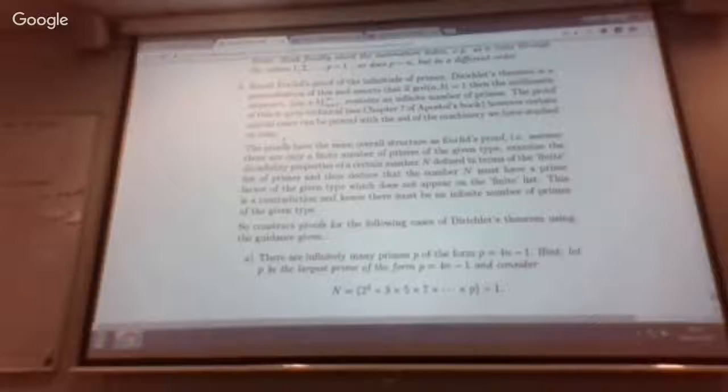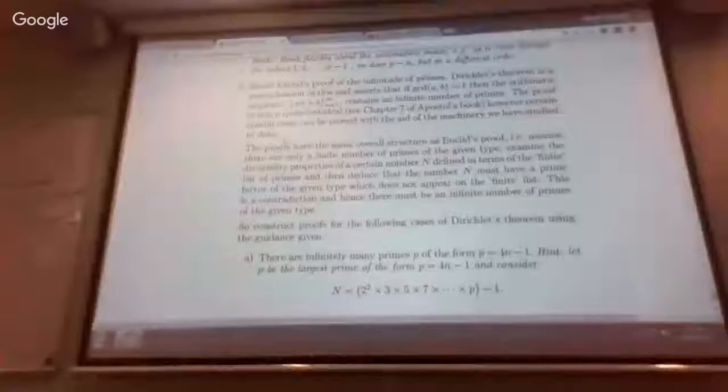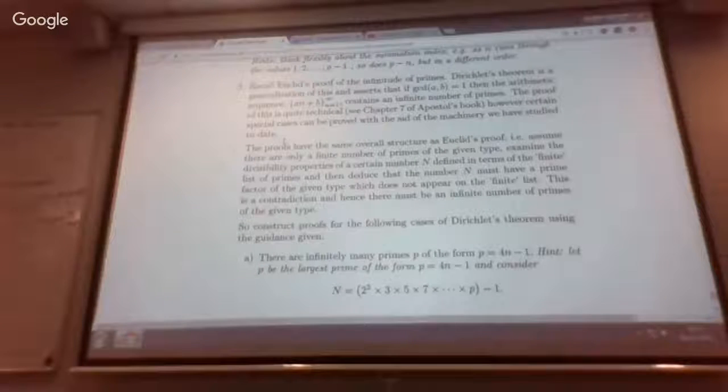Everybody has to know it. If you want to be a mathematician, you have to know this argument. It's a proof by contradiction. You assume there's only a finite number of primes, P1 up to PR. Pretend that for a moment. You then consider the number m, which is the product of them all multiplied together, and you add 1.